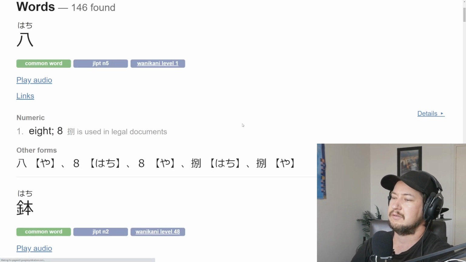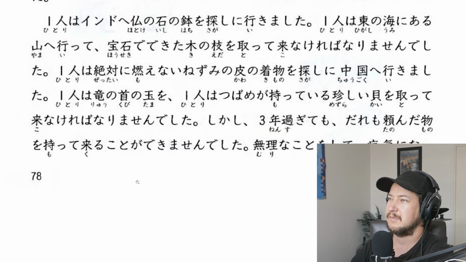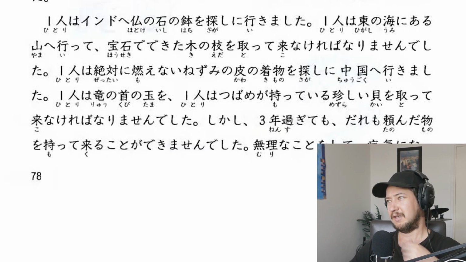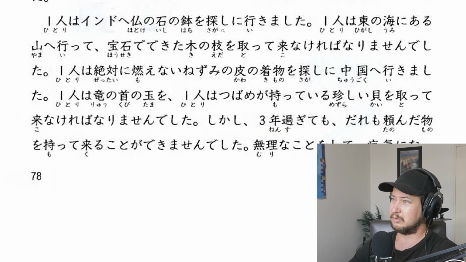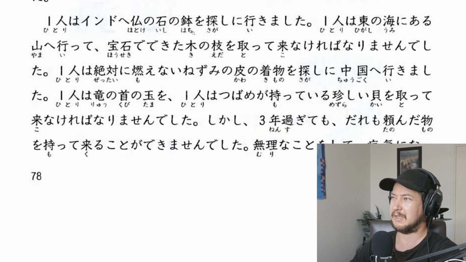I think it's a needle. No, it's a bowl, some kind of a crown. I don't know, so many things. So he went to look in India for this special... okay, 石の鉢, so it's made of Buddha's rock, this strange bowl made of rock.